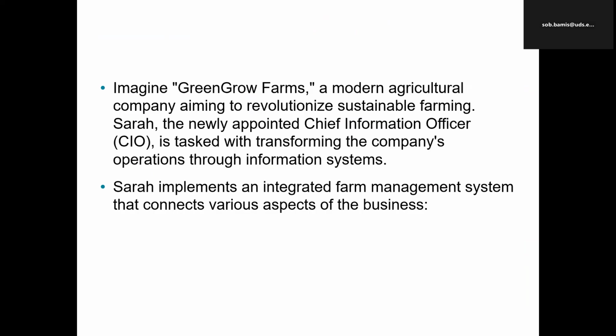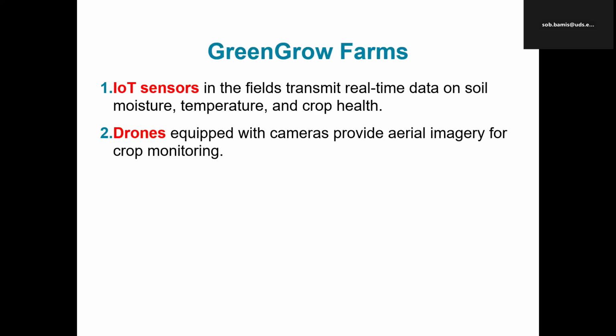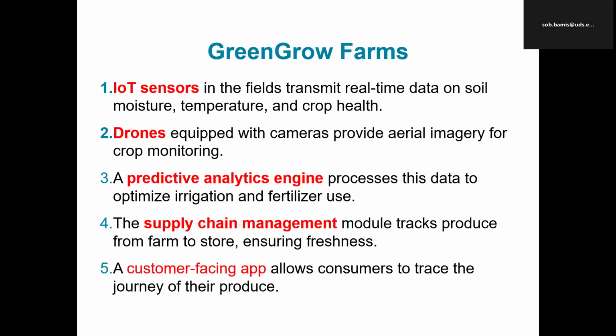So let's look in detail at all the stuff that Sarah, who is our farm manager or chief information officer, introduced after she was employed: what technologies and information systems did she introduce into the farm business, and how are they helping ensure sustainability in the farm business?